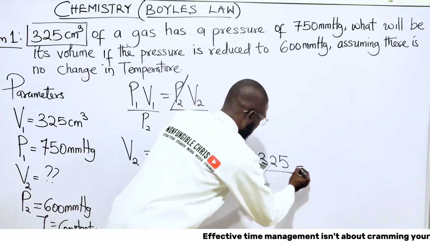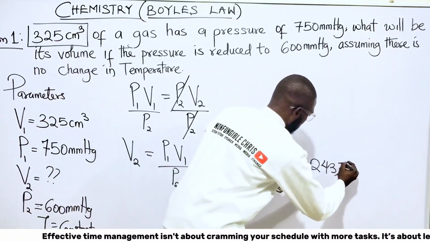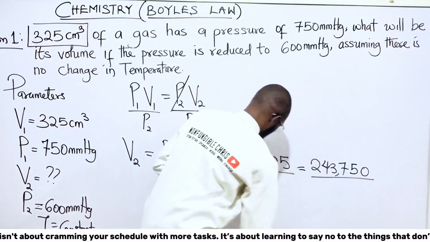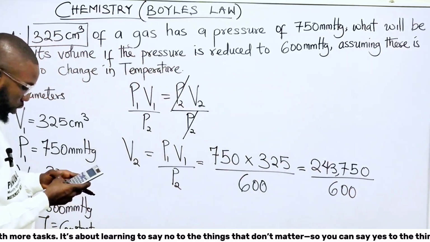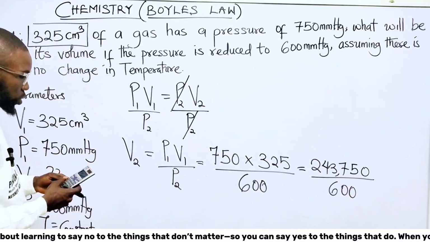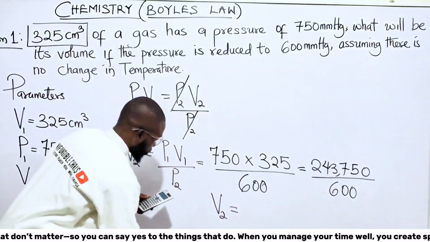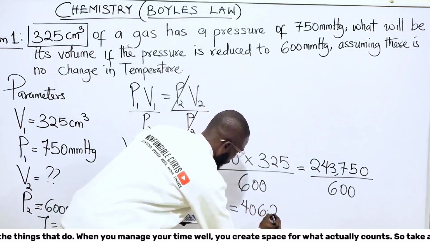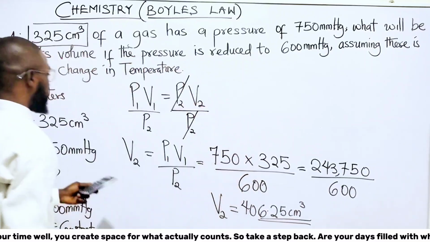We have 243,750 over 600. Let's divide by 600 to see what we'll get. V2, that's our final volume, is going to be 406.25 centimeter cube. That's our answer.